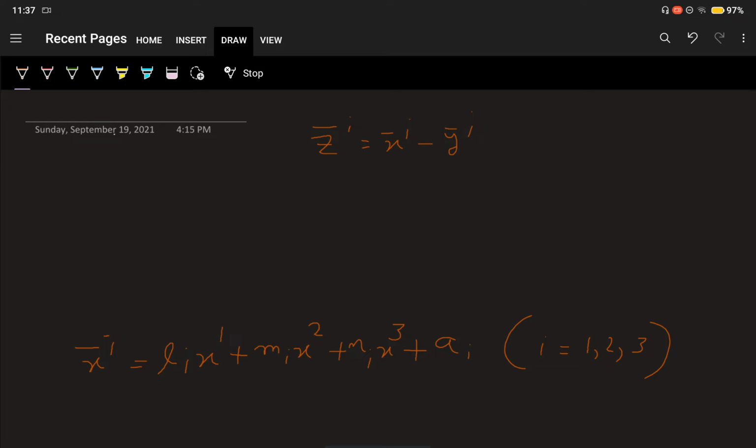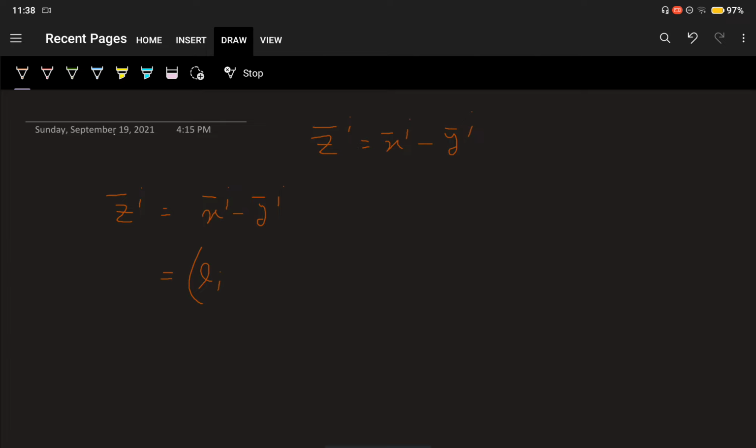Putting in the values of x bar i and y bar i, we get li x1 plus mi x2 plus ni x3 plus ai minus li y1 plus mi y2 plus ni y3 plus ai.